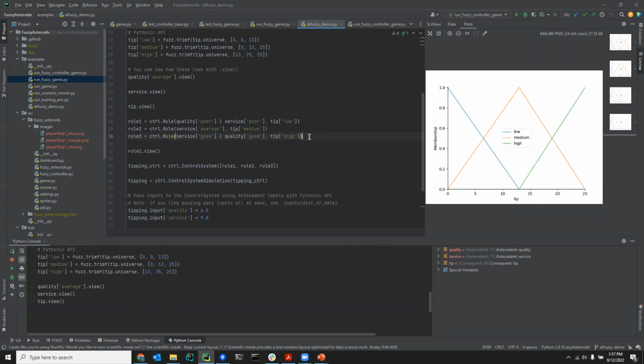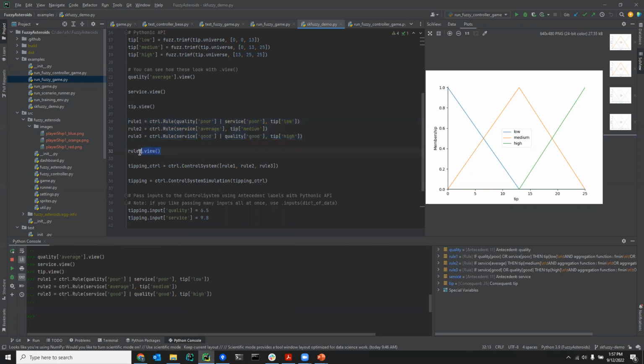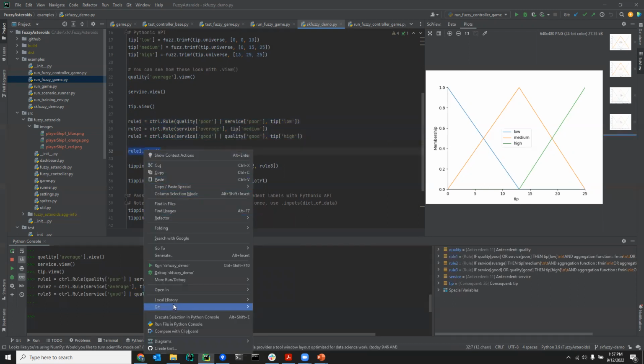In this case, we're using not just conjunction, but disjunction. In our control systems, we're using conjunction. So you do have to define every combination of input membership functions. But let's go ahead and add those to our FIS that we're creating. So let's go ahead and look at rule 1.